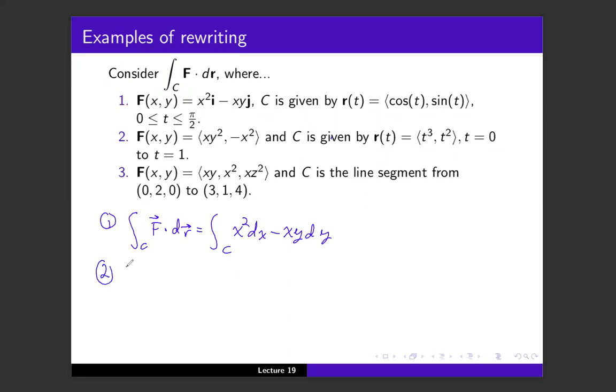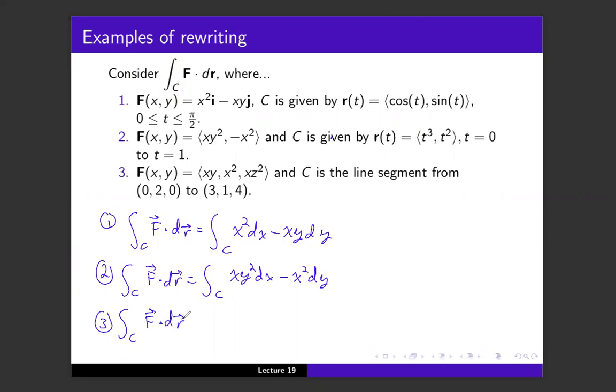Or if you want to look at the integral over C of F(x, y), where you've got xy squared, negative x squared, this becomes the integral over C of xy squared dx minus x squared dy, same exact story. You can even do it in 3 variables. That doesn't change anything whatsoever.